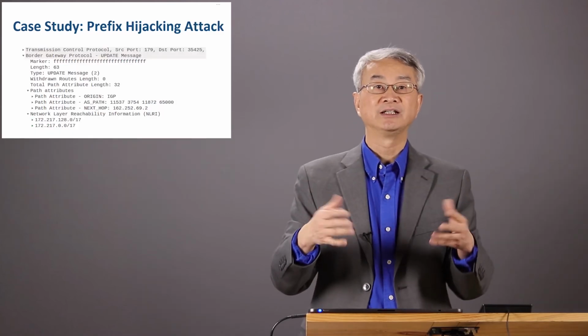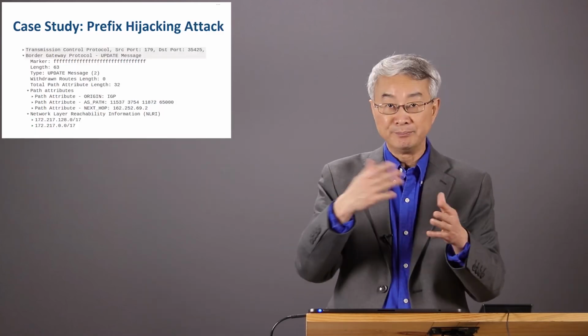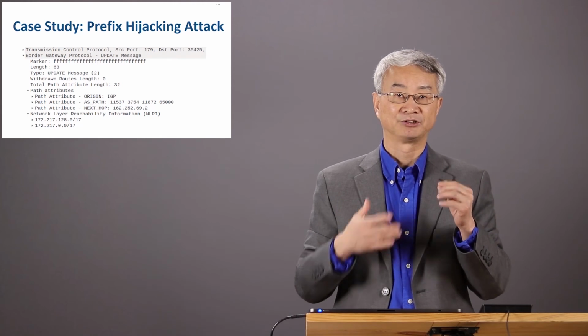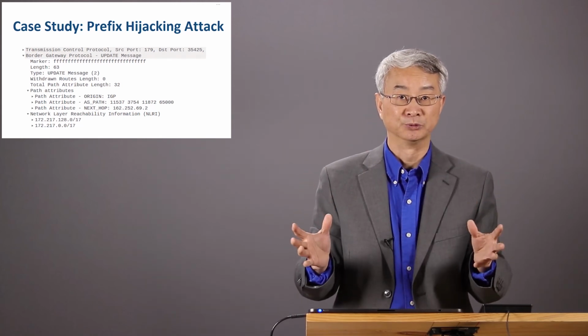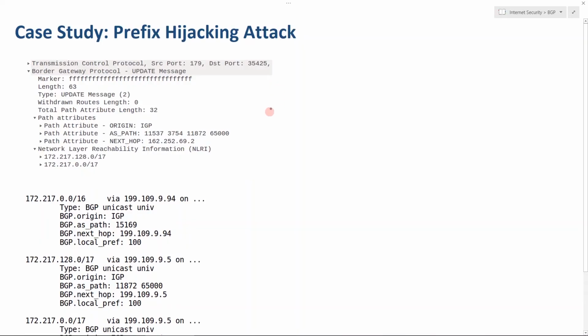Let me show you some of the things that I did in my simulator. I've been building my simulator so I can actually try different attacks without affecting the outside world. Here's a BGP update I sent out. This definitely is an attack. I'm announcing this. I want to hijack 172.217.0.0/16, and this IP address belongs to Google.